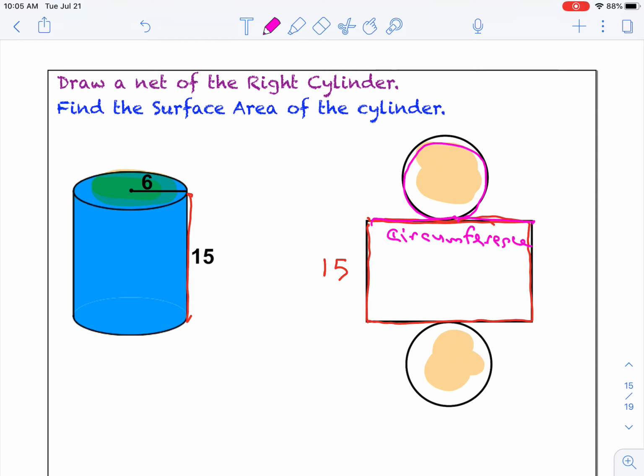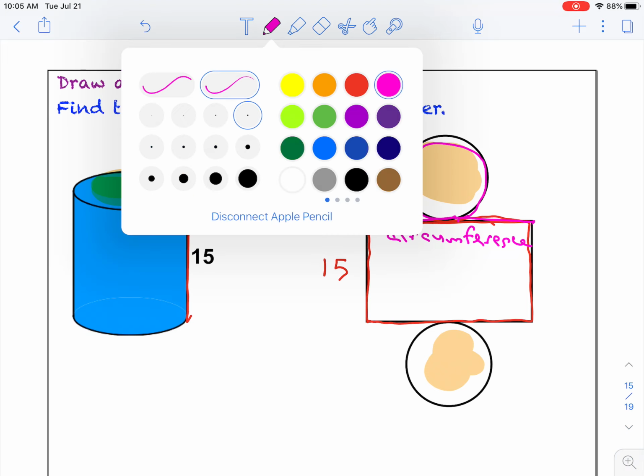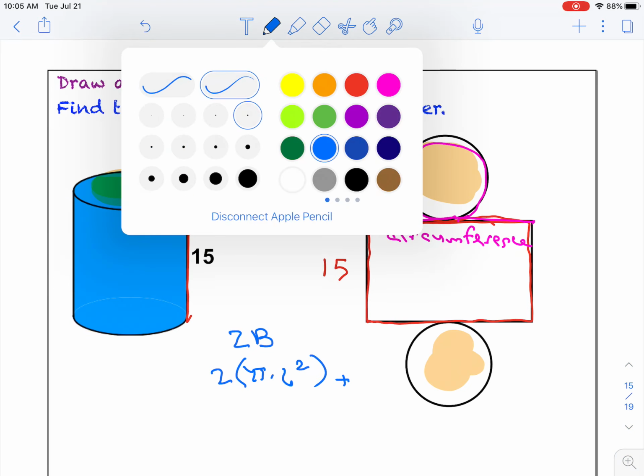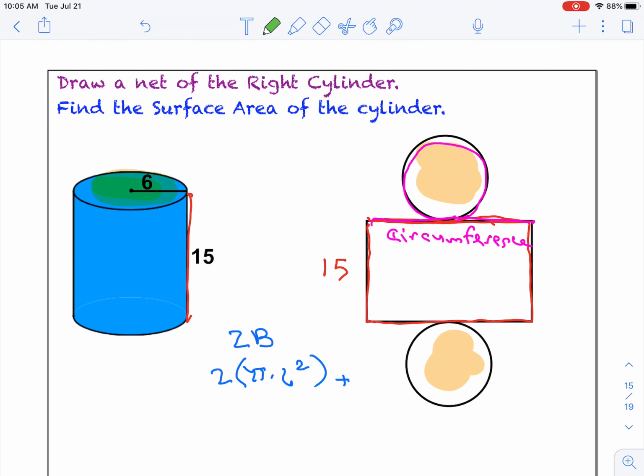So it turns out the formula is going to be exactly the same. So we're going to take the area of our base, and since we have two of them, we're going to multiply by 2. So I have pi times 6 squared, that's the area of one of my bases, times 2. And then I'm going to add that with the perimeter of the base, which is circumference.